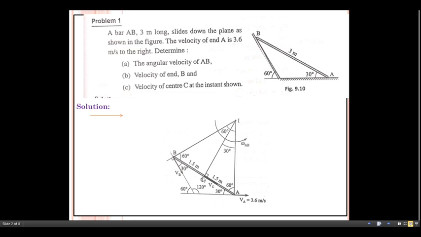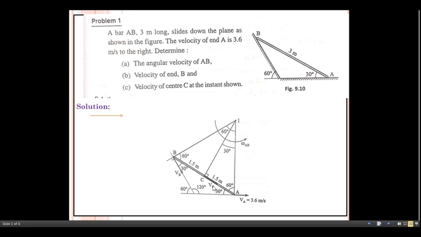Now our target is to calculate the velocity at the center also. We have to determine the angular velocity of the link AB, then the velocity of end B, and next the velocity of center C at that instant. Now here is the point C. With respect to this point C, which lies on this link, draw one line exactly perpendicular.